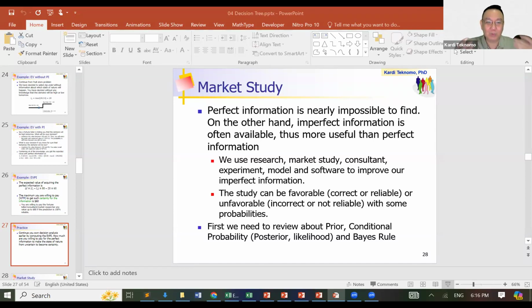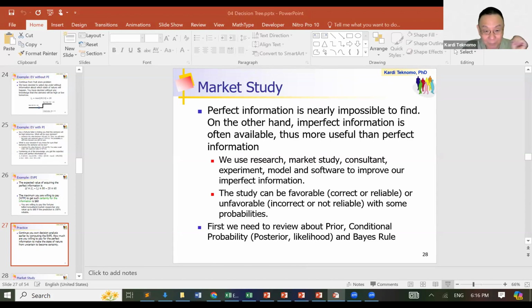You have research, market study, consultants, experiments, models and software to improve our imperfect information. The study can be correct and reliable, so we call it favorable, or probably incorrect and not reliable, so we call it unfavorable. And again, this has a certain probability.